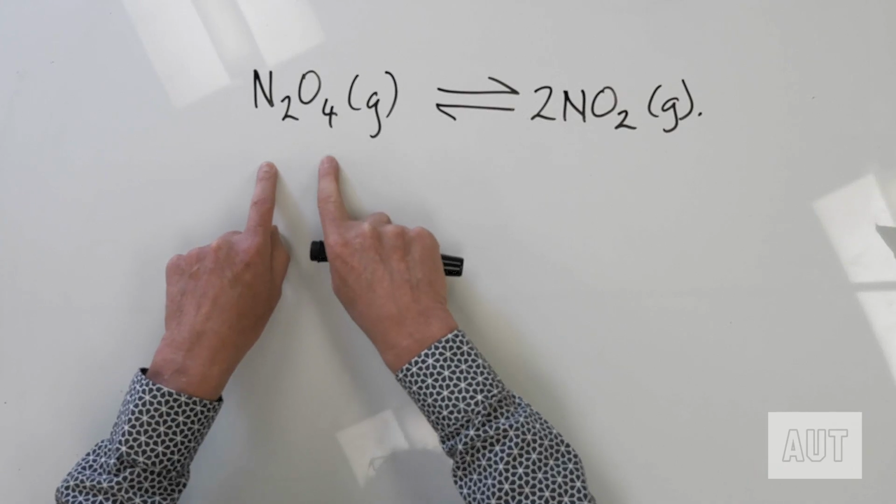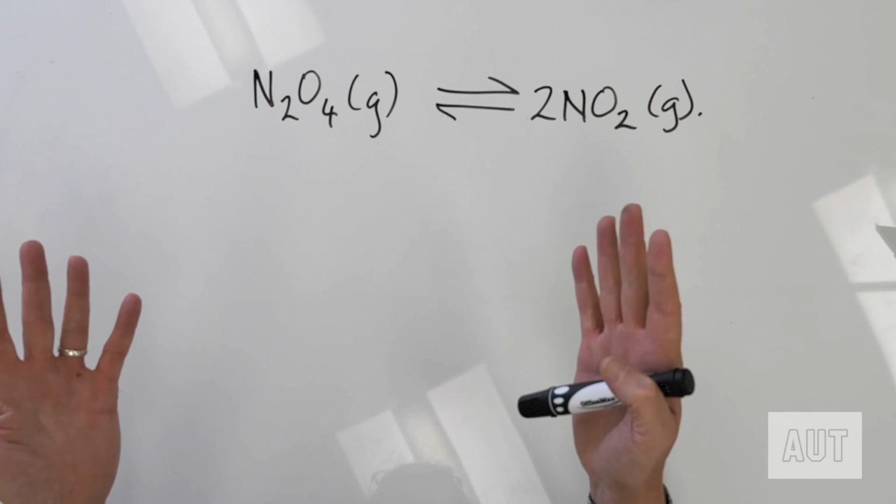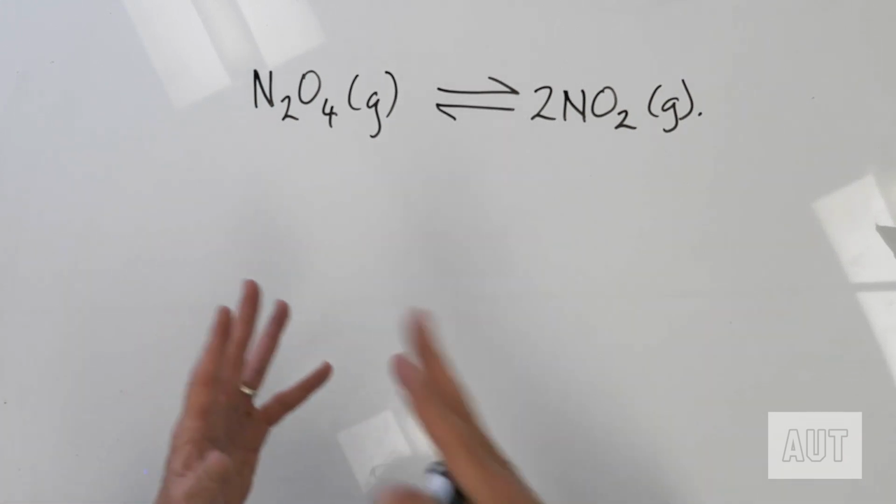So we could think of doing an experiment where we take pure N2O4 in a flask and we just leave it to do its own thing. And we would start off with a colourless gas, and eventually, after time, we would see a brown colour starting to be formed in our flask.